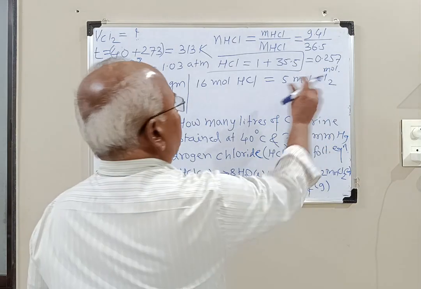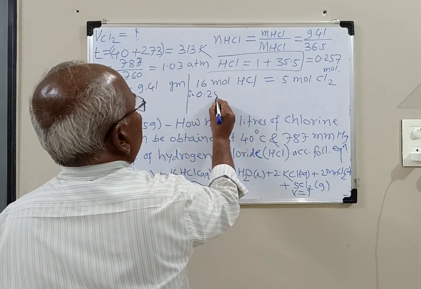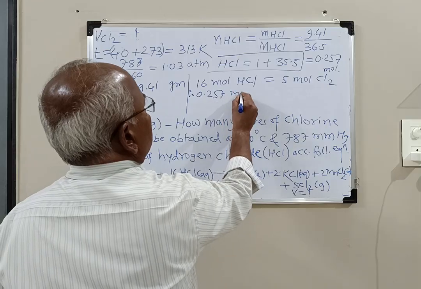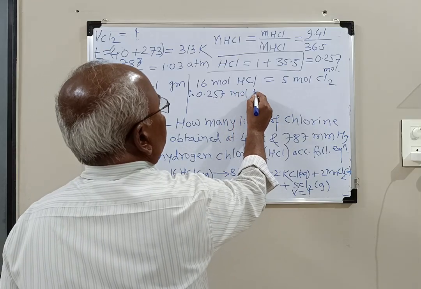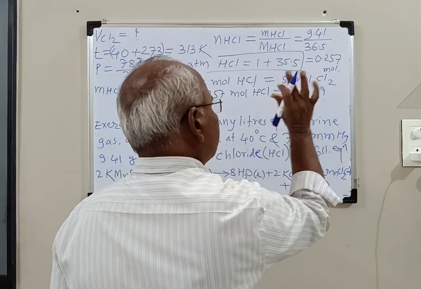Therefore, 0.257 mole HCl will give how much?